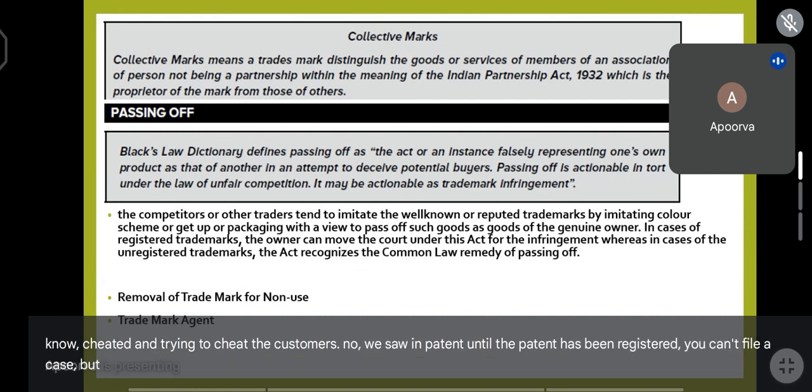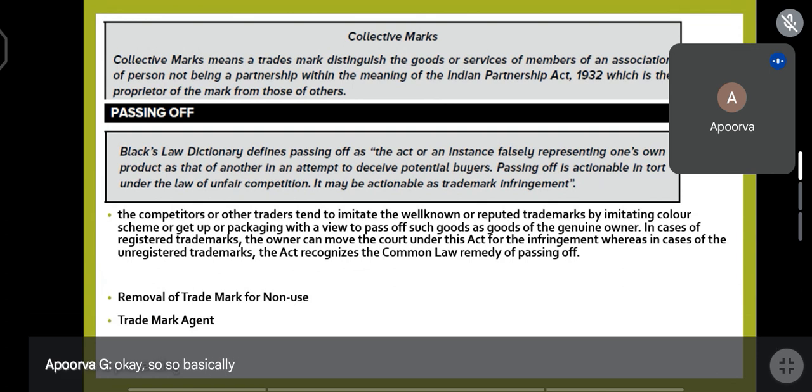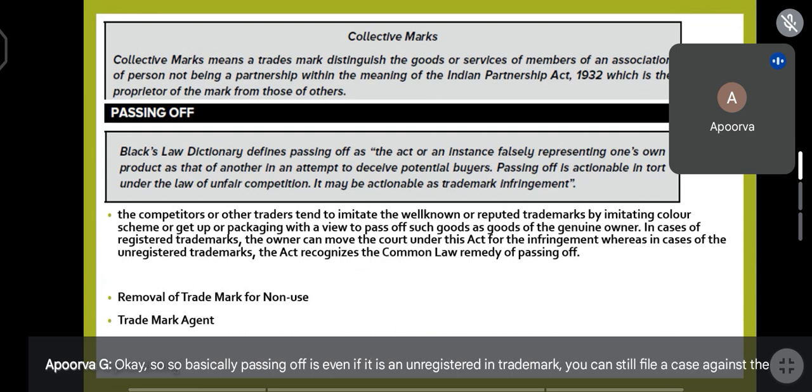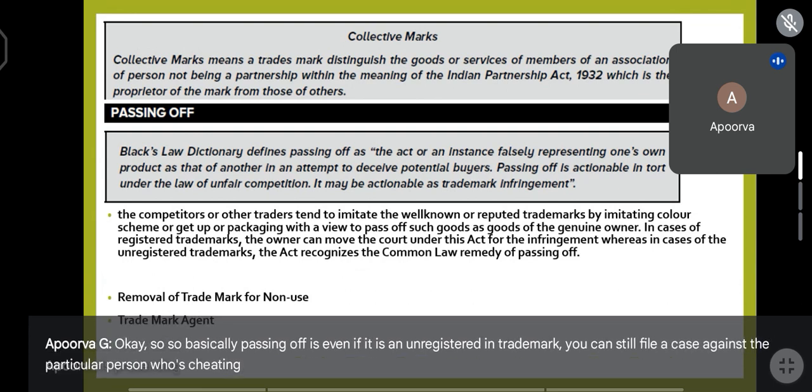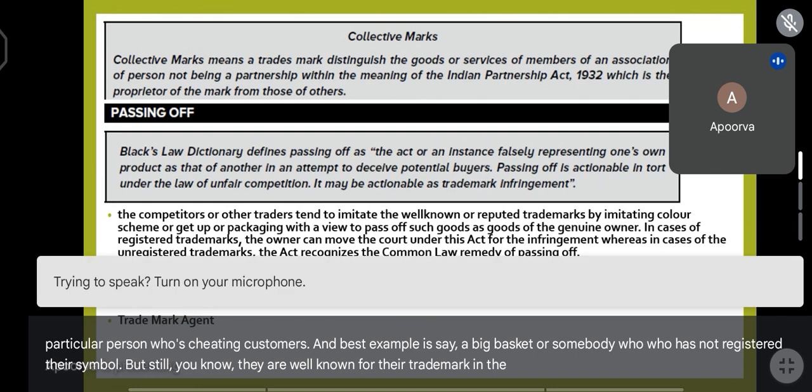But in trademark, even an unregistered trademark can be considered in the court, and that will be basically passing off. Even if it is unregistered, you can still file a case against the person who is cheating customers. The best example is Big Basket or somebody who has not registered their symbol, but still they are well known for their trademark in the business.